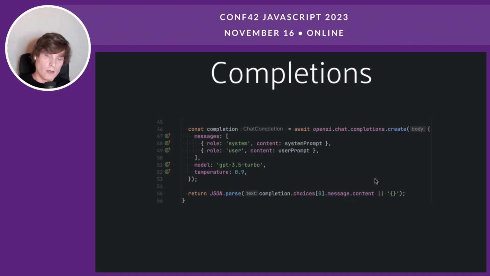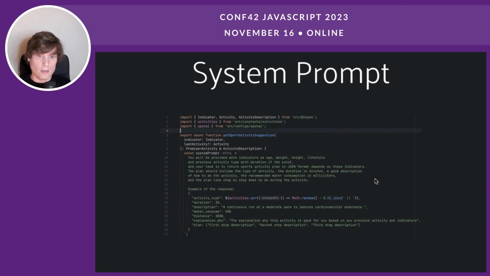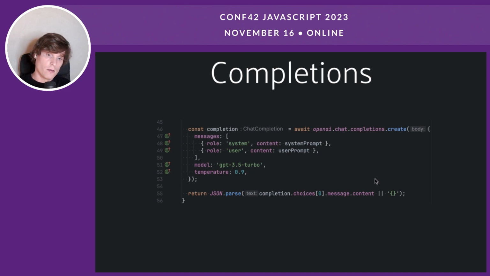You can see here role system. We provide the content system prompt, which is the message where we are telling what we're expecting from the AI, and the content as a user prompt where we are providing our indicators.